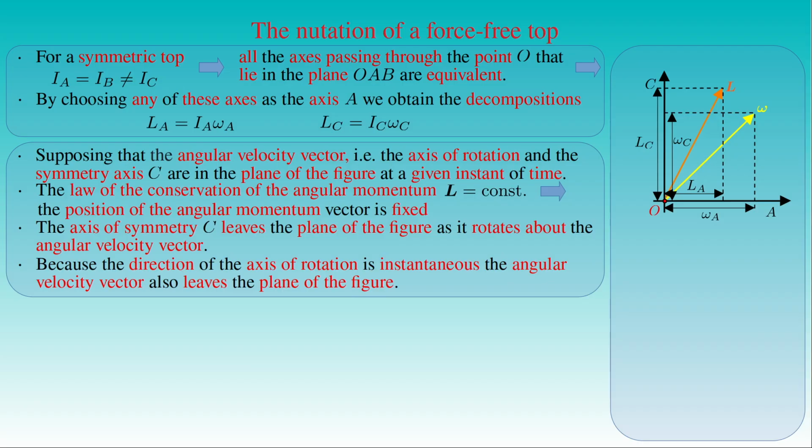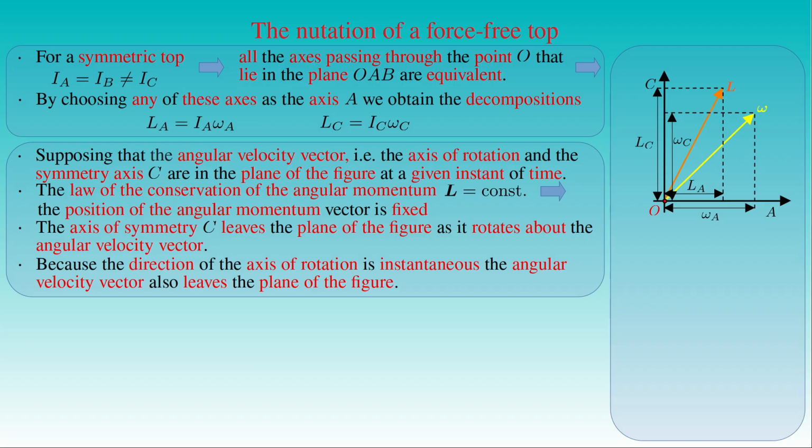The motion of the axis of rotation given by the angular velocity vector omega and the axis of symmetry C can be studied in simple experiments with spinning symmetric tops. The observations in such experiments demonstrate that both the axis of rotation and the axis of symmetry move on conical surfaces with the same angular velocity about a common axis given by the angular momentum L, which remains constant in space but changes its direction with respect to the body.